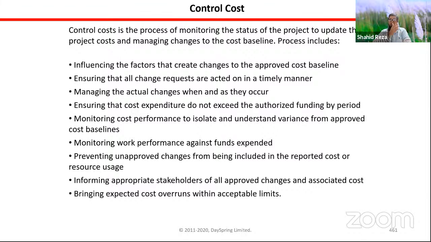So what is control cost? With the baseline, you have to always check and balance so that the cost does not exceed that baseline. That is your main responsibility in control cost. You have to deliver within that cost baseline that we found in the last process. And if any change is required, control always talks about change, dealing with change.